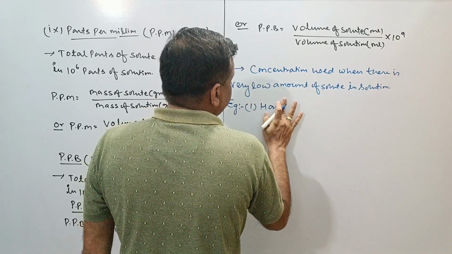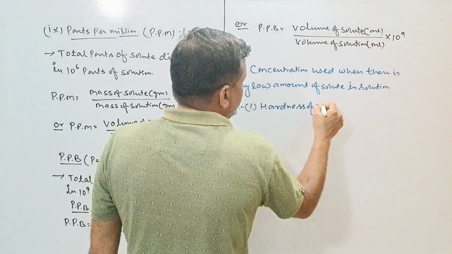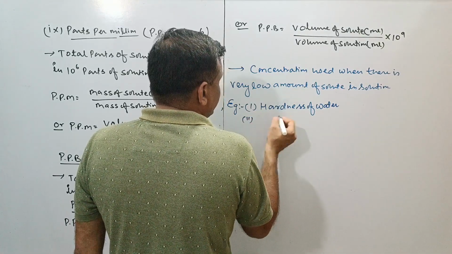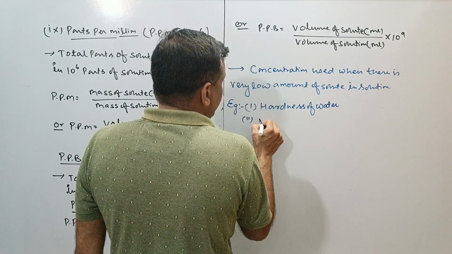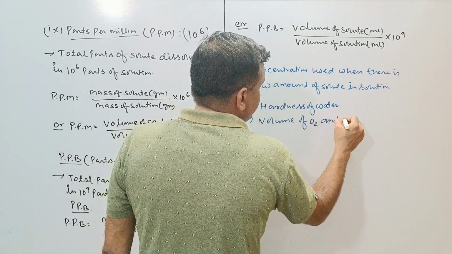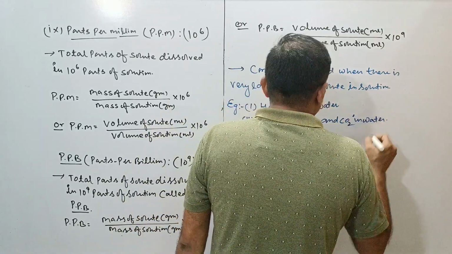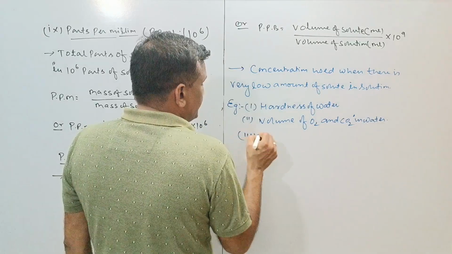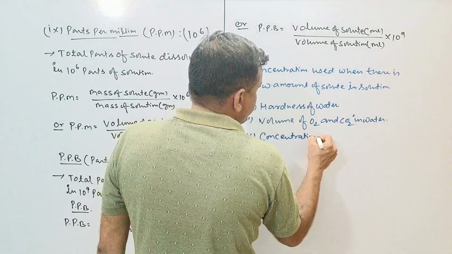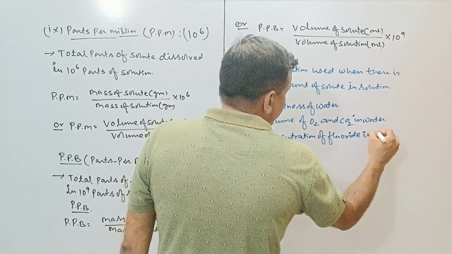For example, the hardness of water. The second is the volume of O2 and CO2 in water. The third is the concentration of fluoride ion in water.